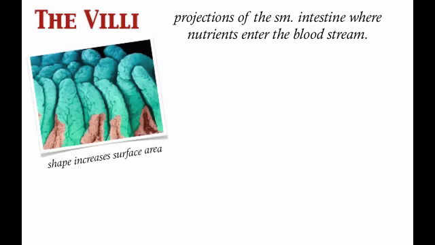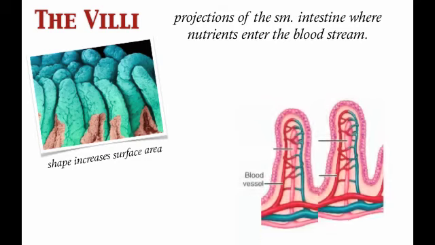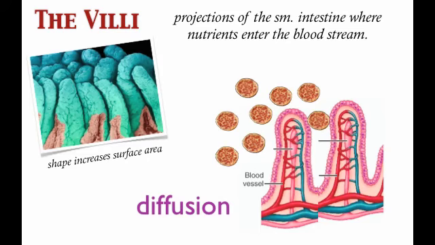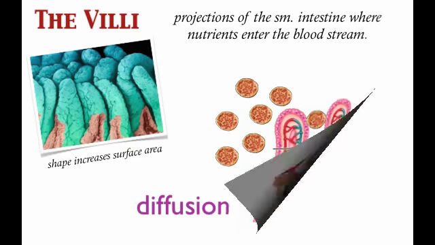The villi are the projections in the small intestine where nutrients enter, and their shape is important because they increase surface area. You don't want a flat small intestine because nutrients wouldn't have many places to go in, but with the villi they have tons of places. Food enters by diffusion, just like we talked about. Food goes from high concentration to low concentration because the blood doesn't have nutrients in it, and so food automatically goes in.